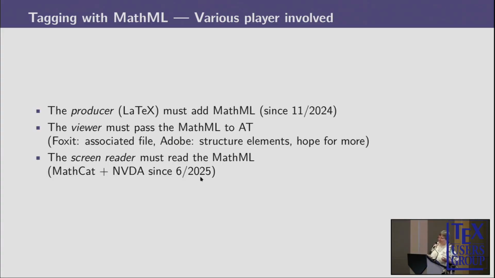Currently, this is only partly working. Foxit passes MathML on if you put it in as an associated file embedded in the PDF, and Adobe passes it on if you put it in with structure elements. So if you put both in, then both can use it.